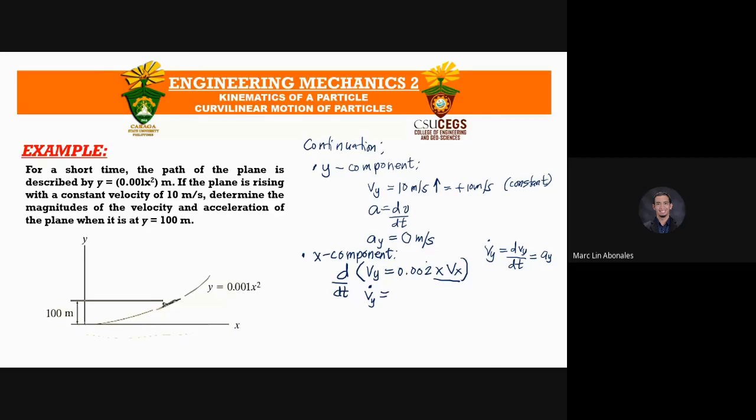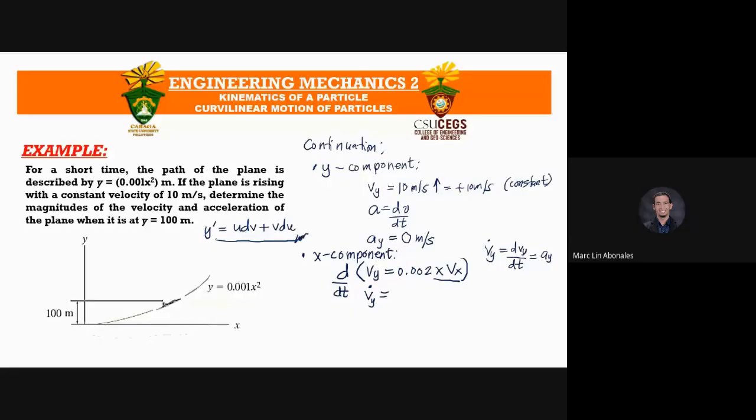and also multiplied. So in that case, what we will do is we will use the product rule. Do you understand the product rule? Product rule is u dv plus v du. Are you familiar with the product rule?